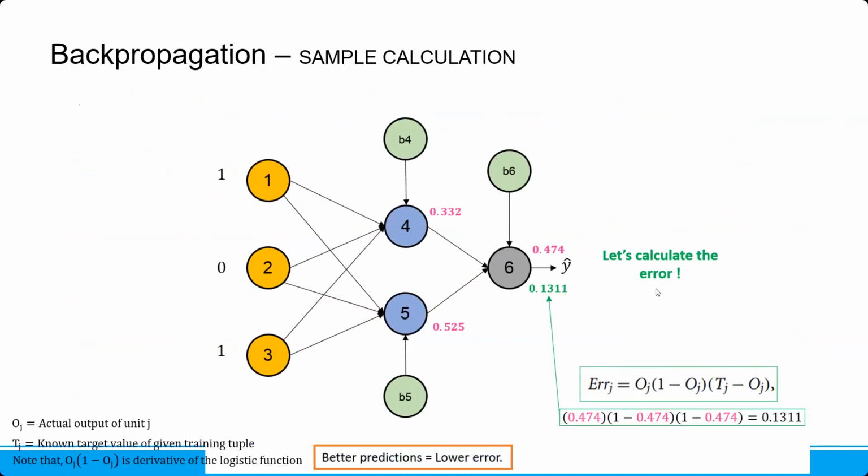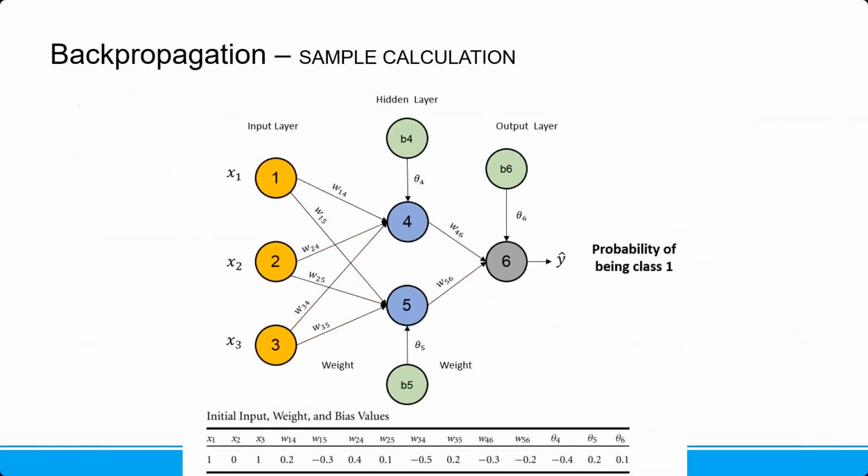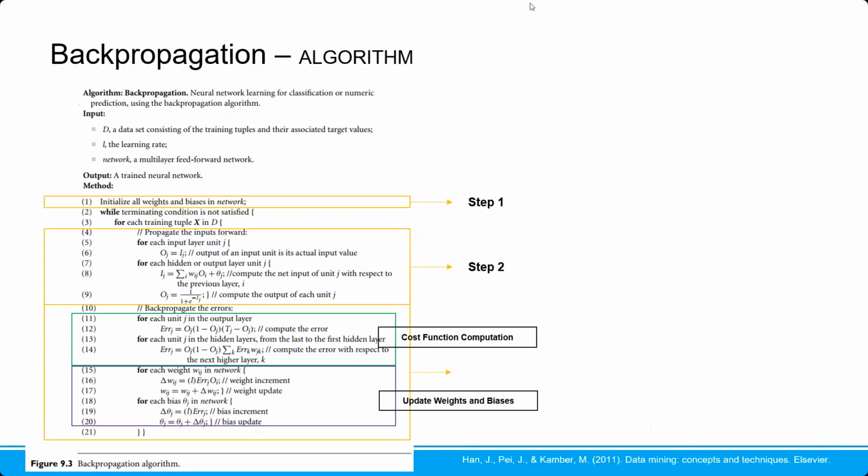Okay, you can look at the algorithm here. If it is the output layer, then you need to compute with the formula in line 12. But if it is in the hidden layer, you need to compute with the error rate in line 14.